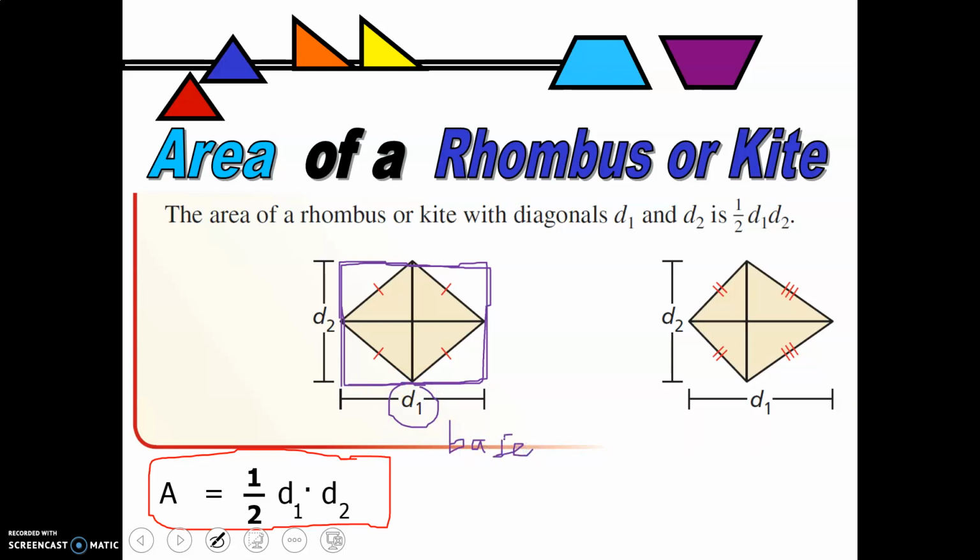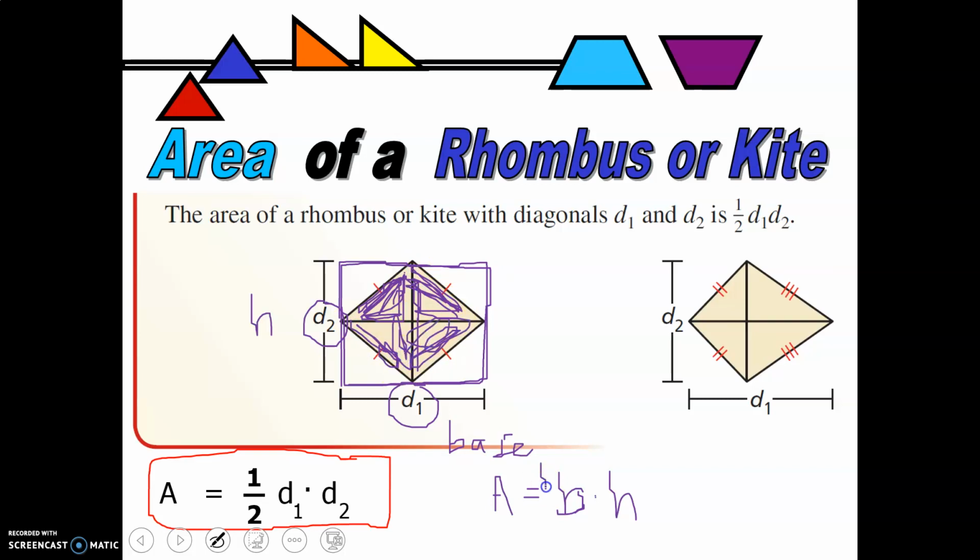Called this the base, and let's say instead of calling this D2, we called this the height. Notice that the area of that shape would be base times height. Now, the thing is, half of the shape is missing. You only have this half filled in, and you only have that.